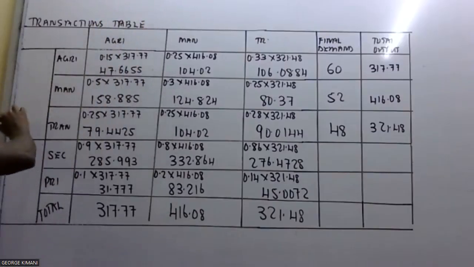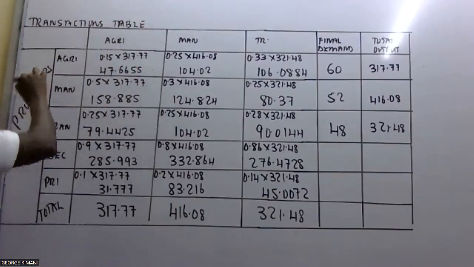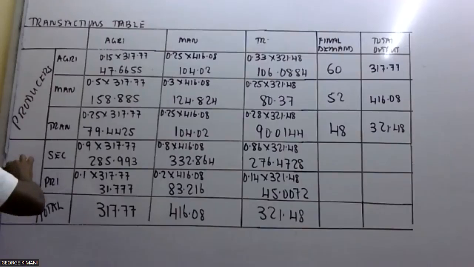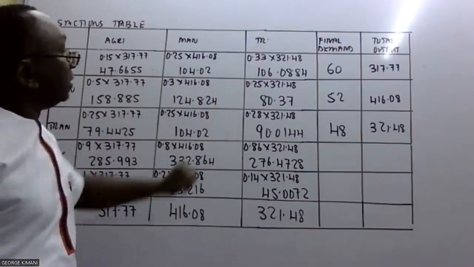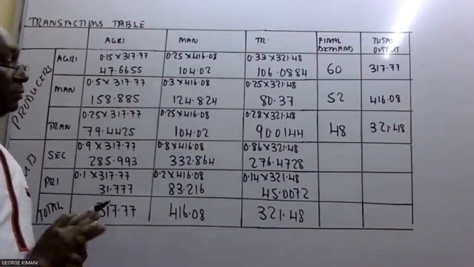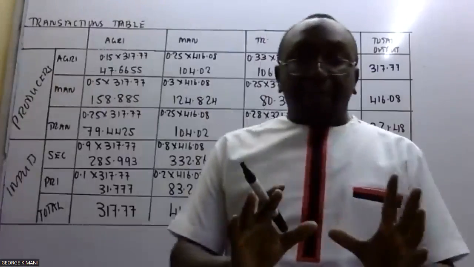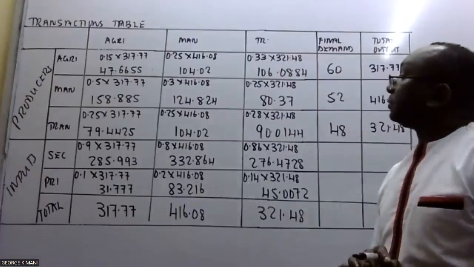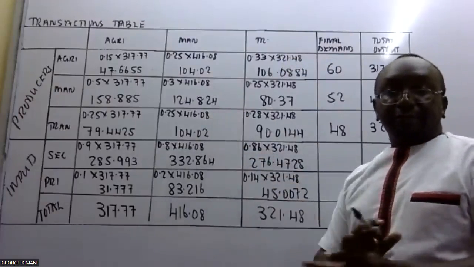As we had said, these are the producers. And these are the inputs. These are the users. Now, I want us to recap everything we have said. Having now the total data.